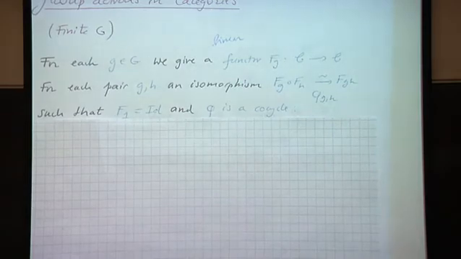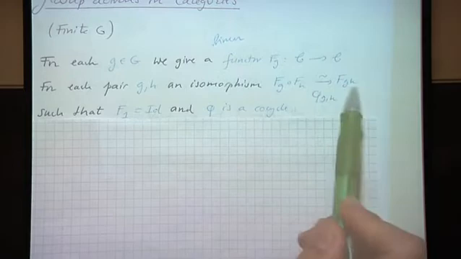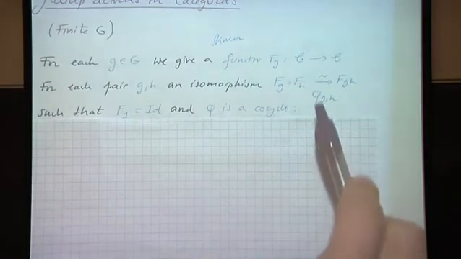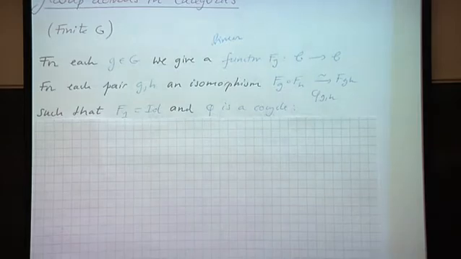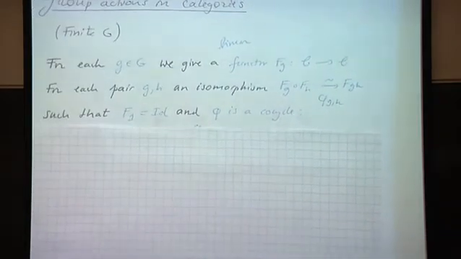So what used to be a condition before is now data. You have to specify an isomorphism between the composition of functors Fg composed with Fh and the functor you assign to the product gh. I should have called this alpha because it's like something known as an associator. It's a bit like that.